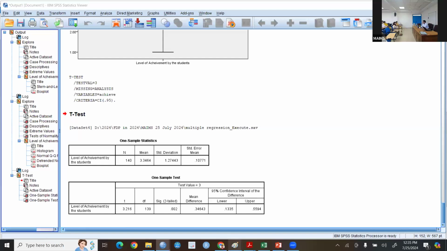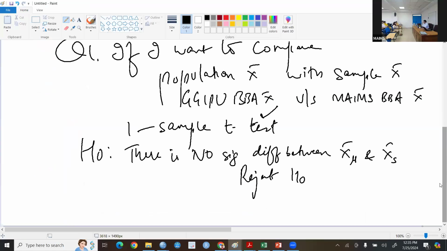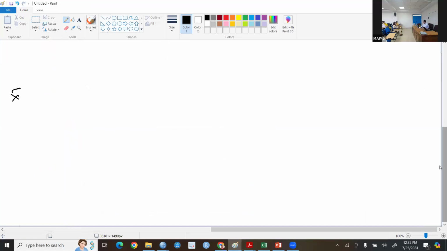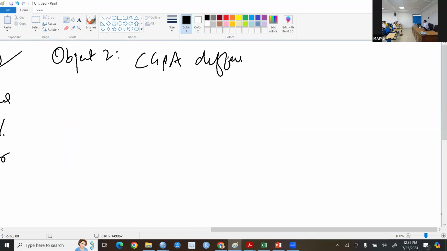Objective number 2. What is objective number 2? Let me write here. Objective number 2: I want to check whether CGPA differs across gender.